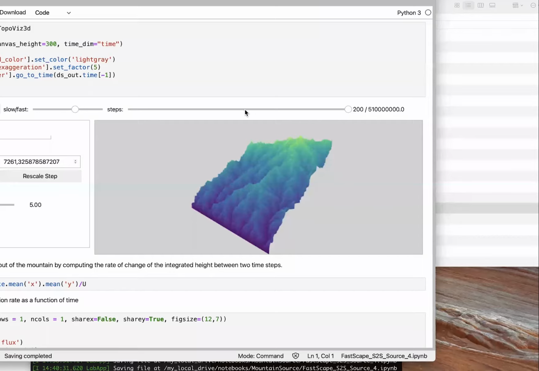What's changing here? When I play the second part, what's changing? The elevation, the topography. And why is the mountain going up and down? Any way it can maintain the steady-state flux, if you change the precipitation, to maintain the erosion rate at steady state, it has to change slope.